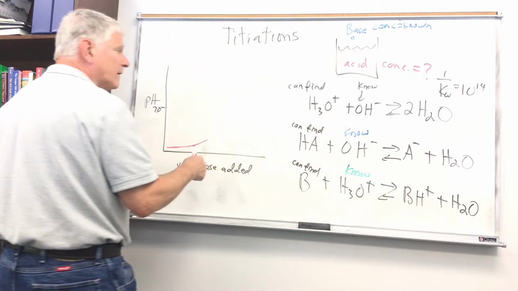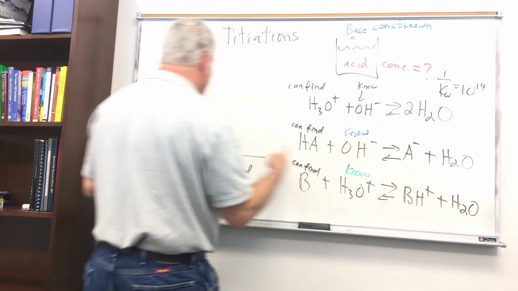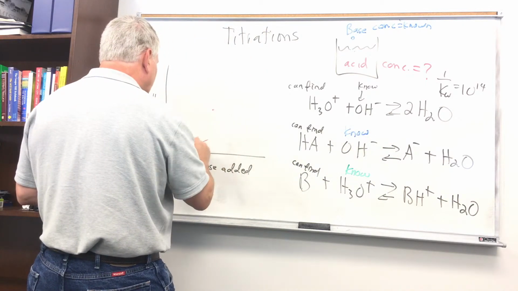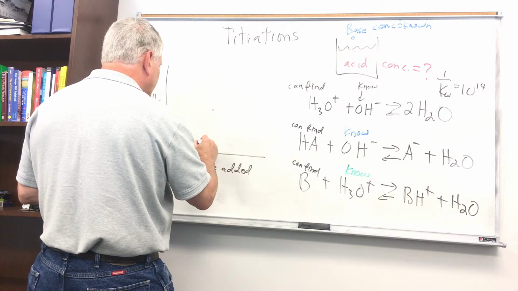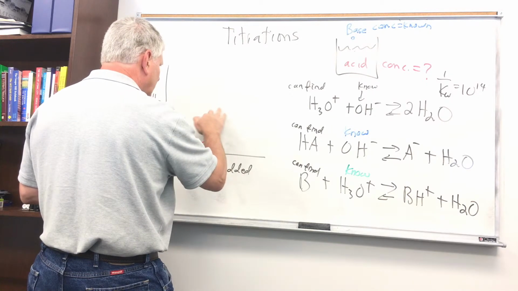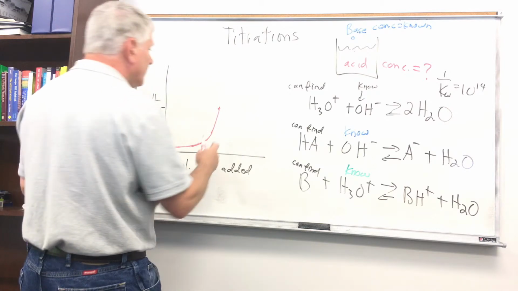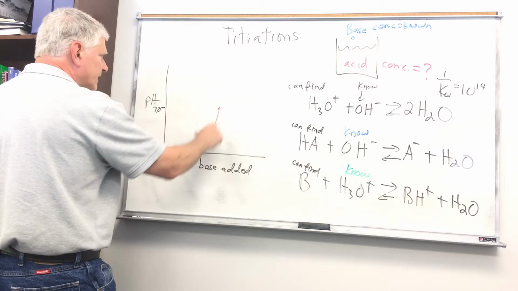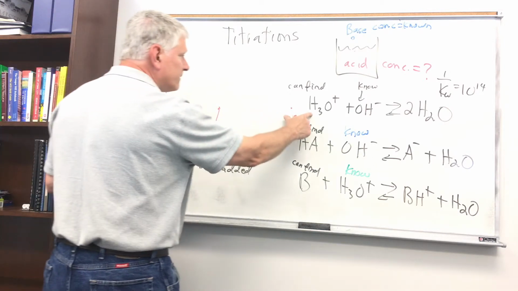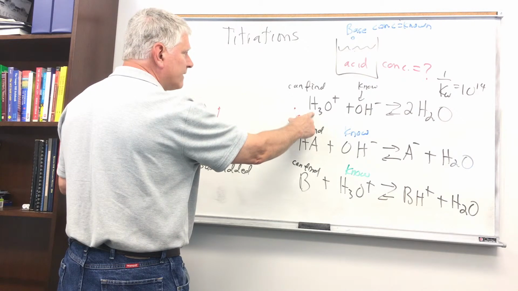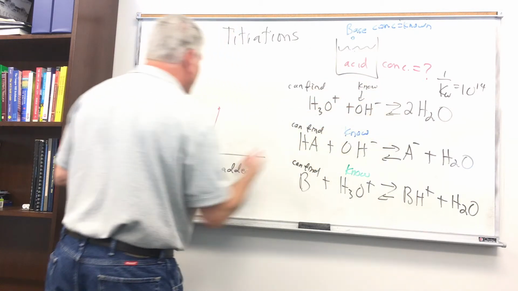At that point, we just have pure water. So the pH will be 7. So we'll get to a point where we've just reacted all of the acid, and now the pH will jump to 7 because we've just gotten to the point of reacting the acid. So now we just have pure water.